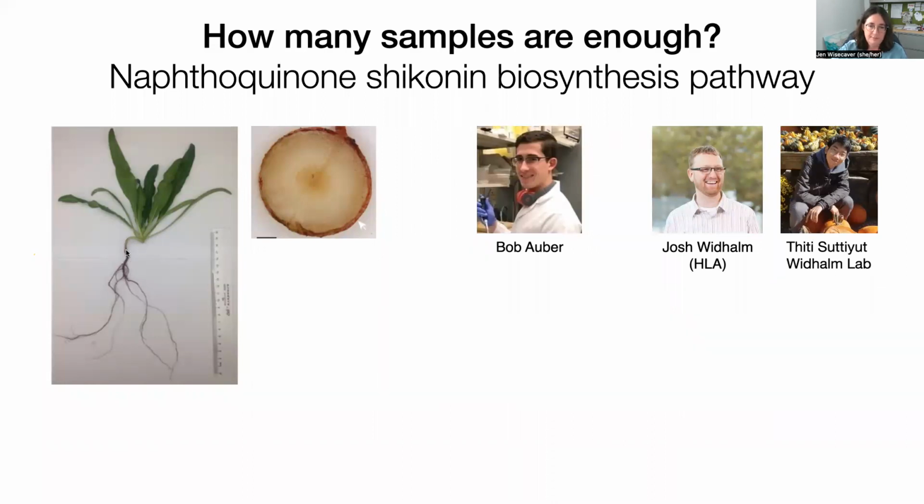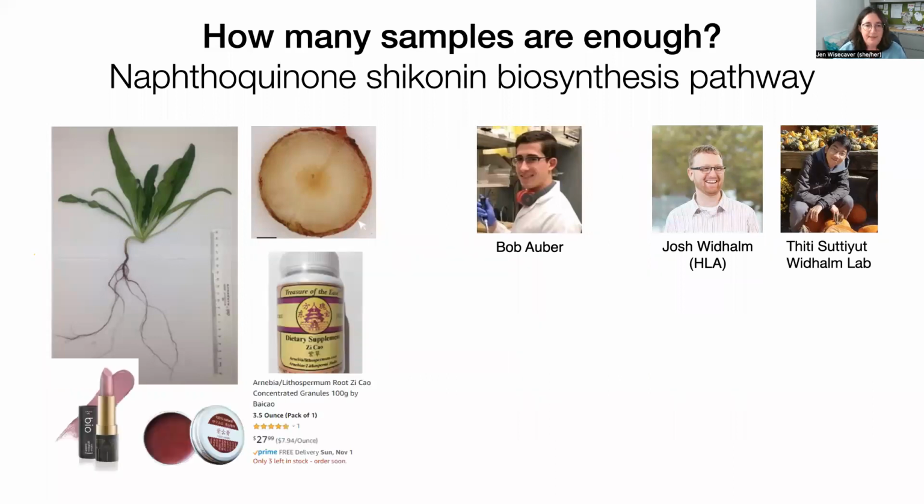Shikonin is a specialized metabolite shown. It's a red pigment here, an allelopathic chemical produced by Boraginales, including the Lithospermum erythrorhizon. And this red pigment, so you can see it in like this cross section of the root here. This red pigment has been used for pharmaceuticals, or I should say, dietary supplements and cosmetics.